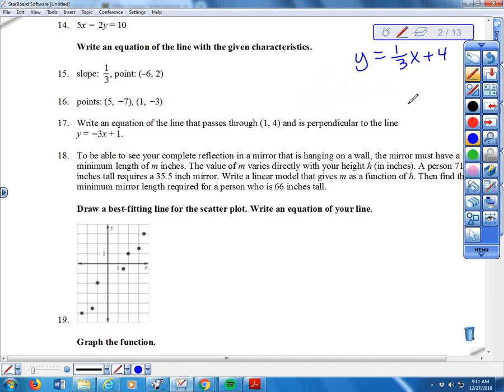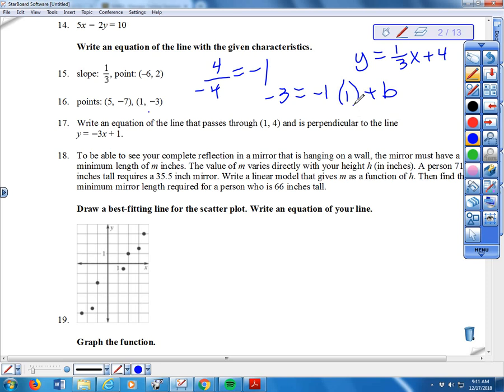Next one, I'm given 2 points. So the first thing I have to do is find the slope. Negative 3 minus negative 7 is 4. 1 minus 5 is negative 4. So my slope is negative 1. And now I'm going to do the same thing I just did. I can pick either one of those points, so I'll pick this one. Negative 3 equals negative 1 times 1 plus b. I just plugged in 1, negative 3 for x and y, and the slope was negative 1.